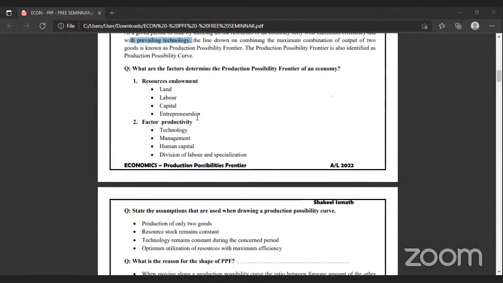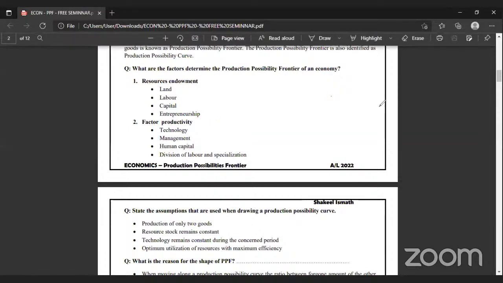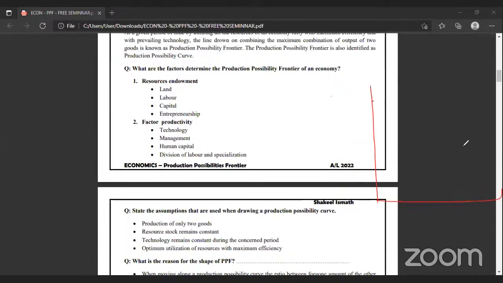There are 2 major factors which determine the production possibility frontier. We are talking about the production possibility. In this curve, we are connecting the possible, maximum efficient points. As I said, if you take a 2,000 square feet house and a 1,000 square feet house, here it will be 25, and here 50, right?